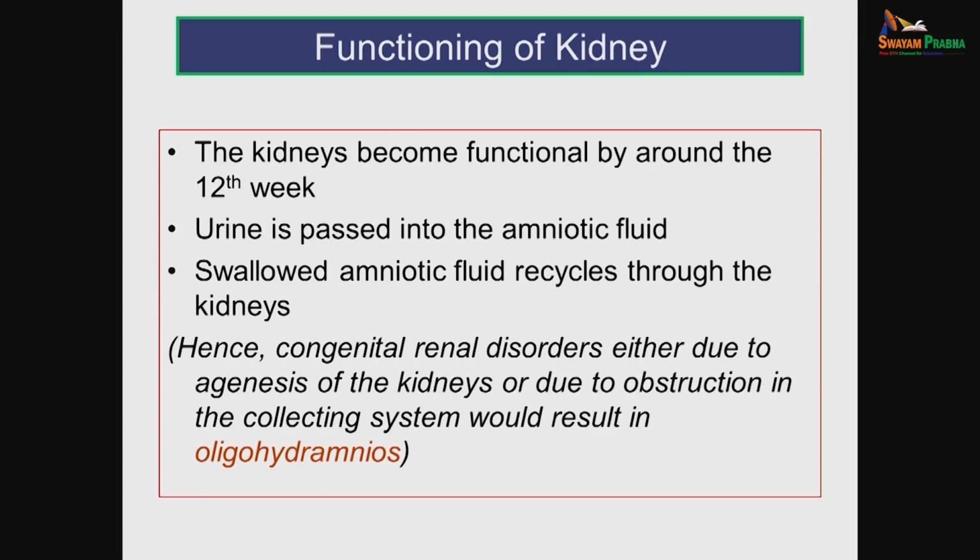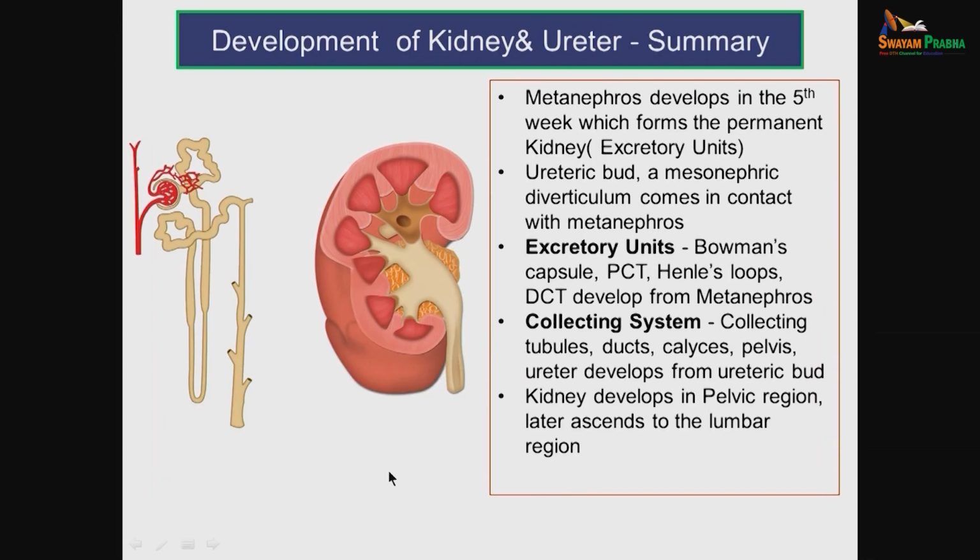This is because the kidneys become functional by the 12th week, and urine contributes to the amniotic fluid, which is swallowed by the fetus and recycled through the kidney. So congenital renal disorders can result in oligohydramnios. This is about the functioning of the kidney.